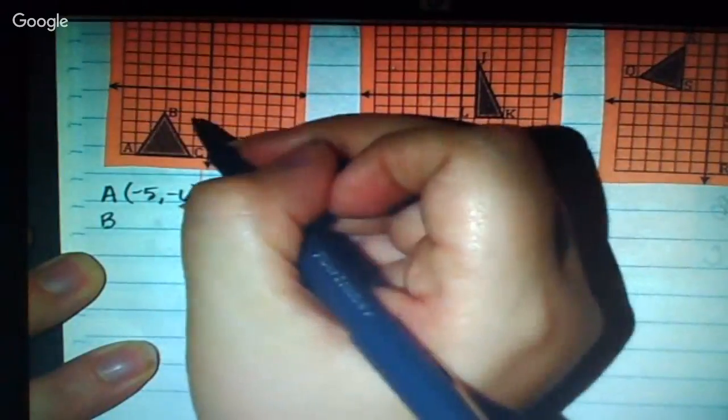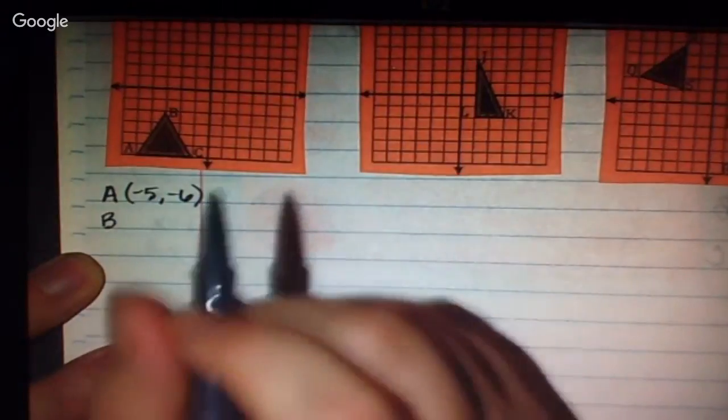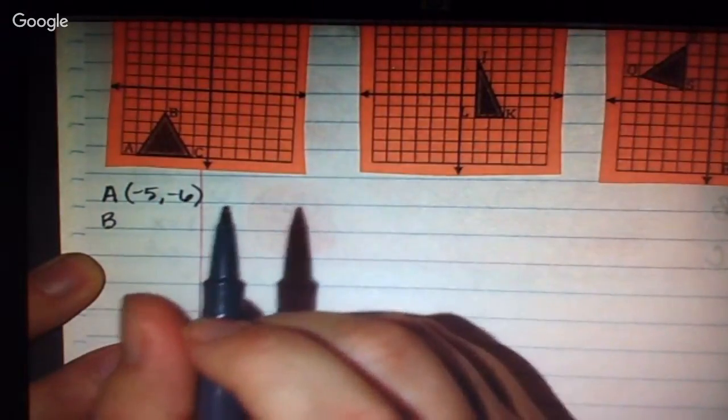Where is point B? -3, -2. And C is at -1, -6.